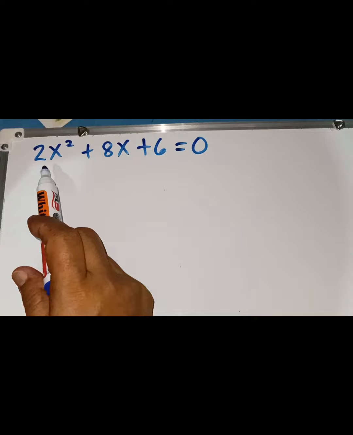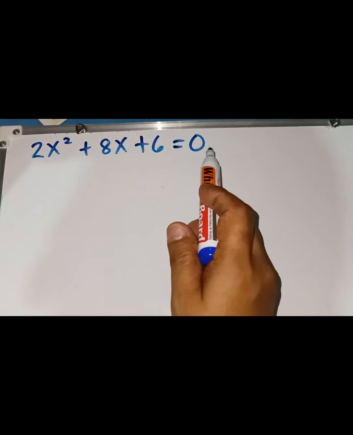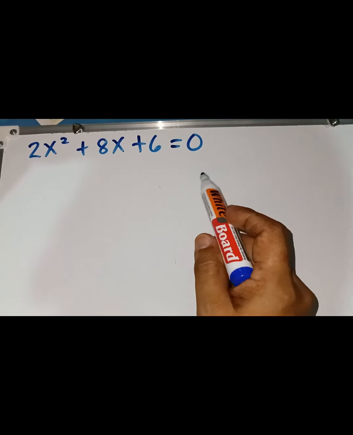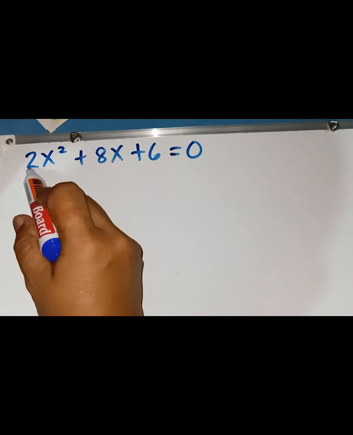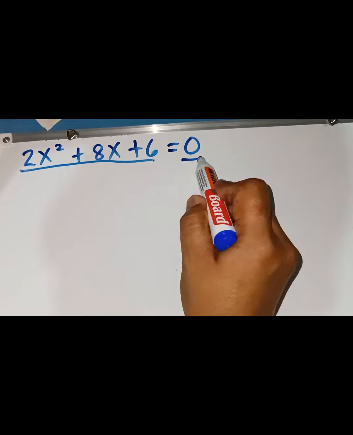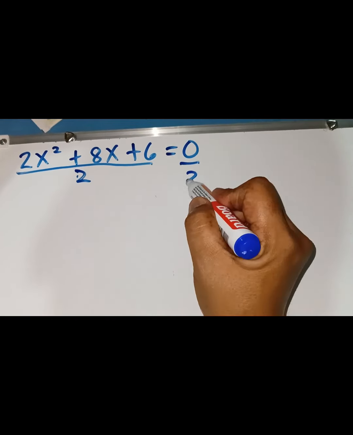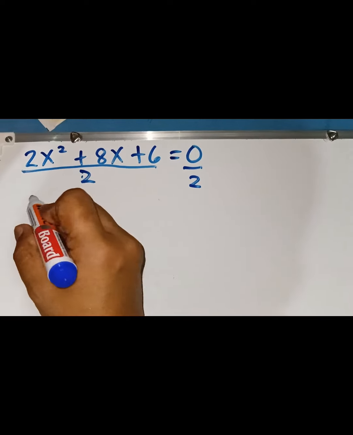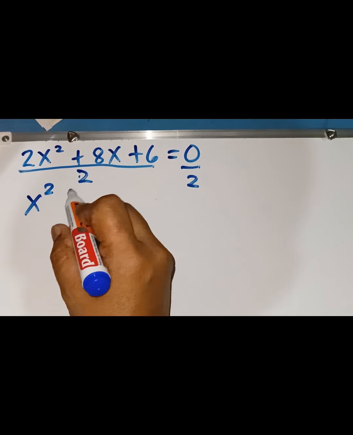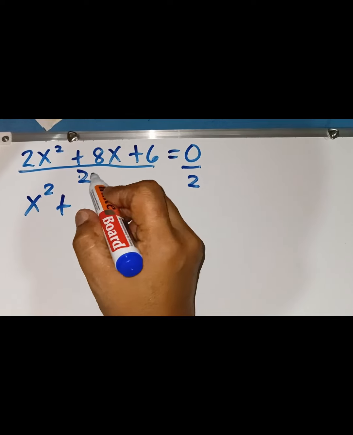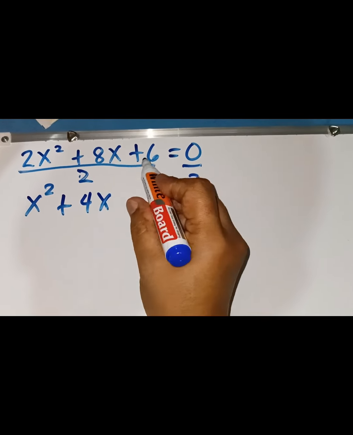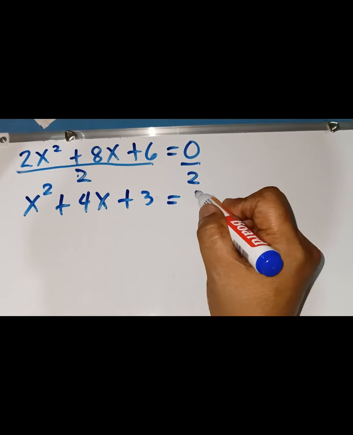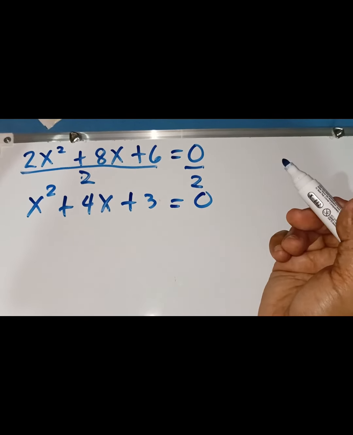So, we need to simplify the equation by dividing the whole equation by 2. So, we have 2 divided by 2, so x squared plus 8 divided by 2 is 4x, and 6 divided by 2 is 3, and 0 divided by 2 will become 0.